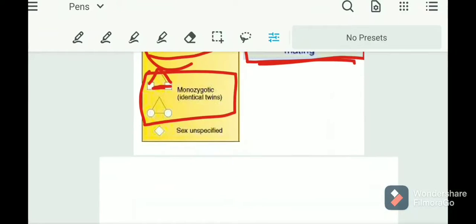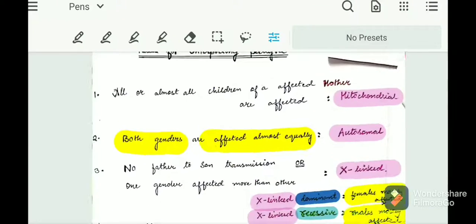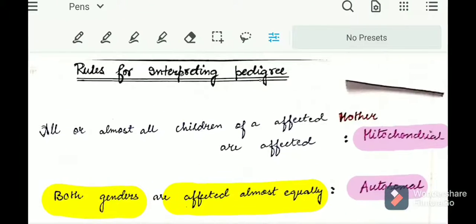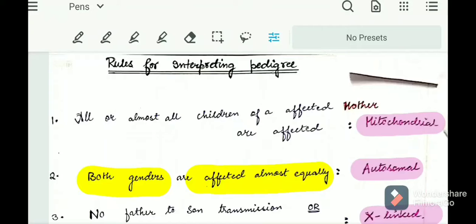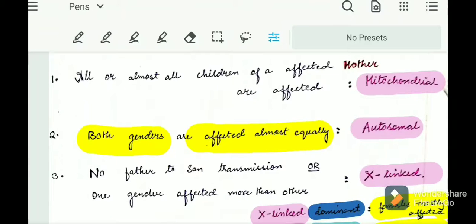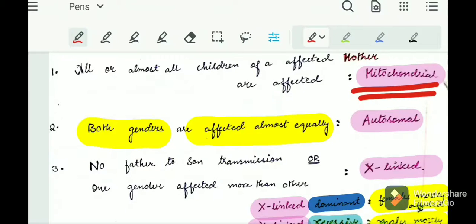Now let's see how to come to the diagnosis. Rules for interpreting the pedigree. Almost all or all children of an affected mother are affected, that is the disease is transmitted from mother to all the children. Then the disease is mitochondrial.